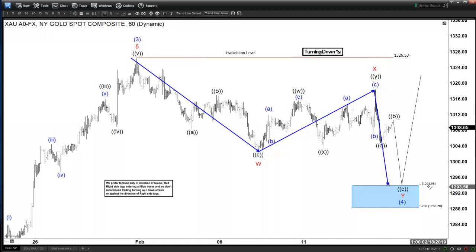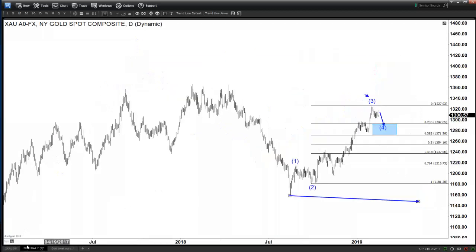This area comes at 1293, 1288, which is also a confluence of this area 1292, 1271 if we use a retracement. Okay, so again, from there we got a chance to extend again higher, or at least bounce in 3 waves at least.